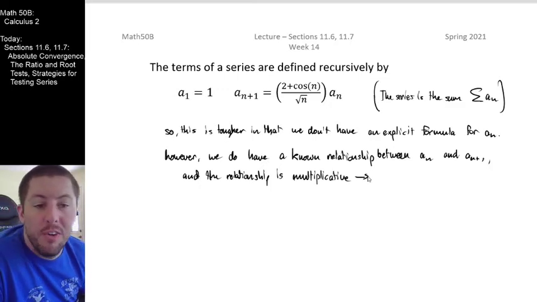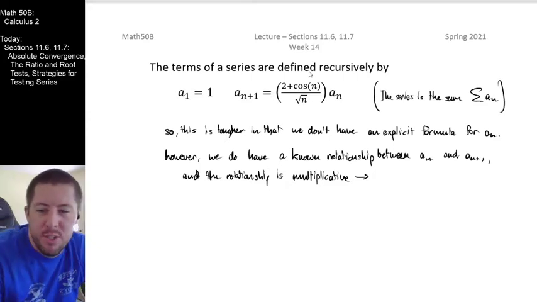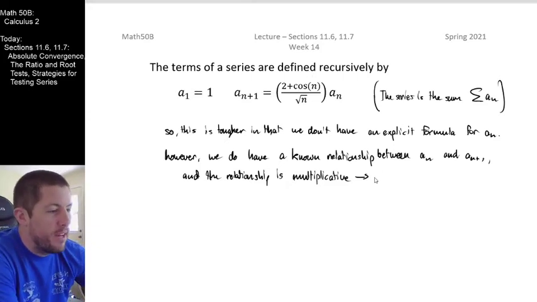So since I know a relationship between a sub n and a sub n plus 1, and that relationship is multiplicative, what does that tell you? What test should we be looking at here? I am thinking about the ratio test.